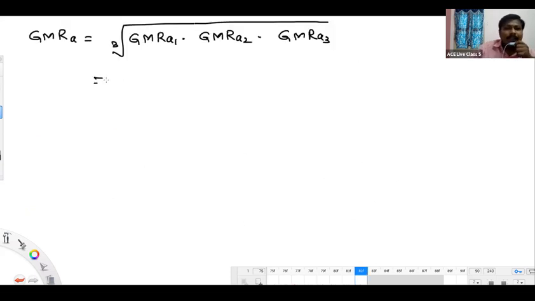So this value is nothing but the GMR of any one of the subconductors. What is the GMR of subconductor A1?